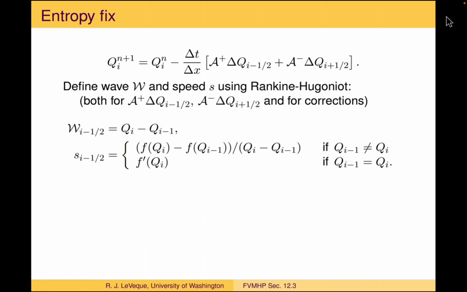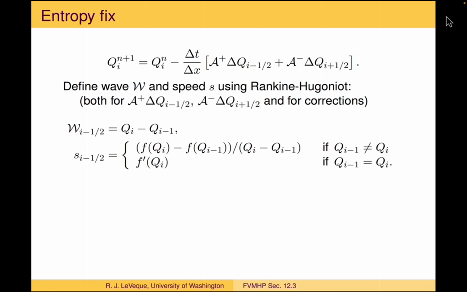And in particular, if you have a discontinuity in your initial data that should spread out as a rarefaction wave, you could get instead a discontinuity that satisfies the Rankine-Hugoniot condition but doesn't spread out the way it should, and that would be an entropy violating discontinuity for reasons we'll talk about later, where that terminology comes from. But the idea is that we want to make sure that the solution we're computing is approximating the physically correct solution.